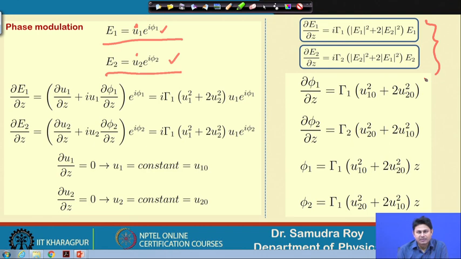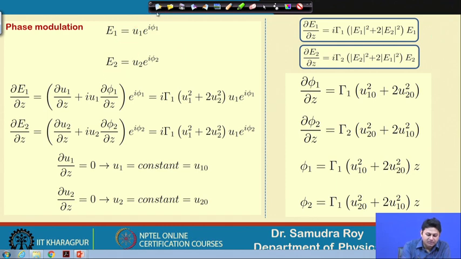These are the coupled equations we derived. dE1/dz is equal to i gamma 1 times mod E1 square plus 2 mod E2 square, multiplied by E1. This is our equation. So, what we will do now, we have the field in terms of real amplitude and phase, so we are going to put these things here.